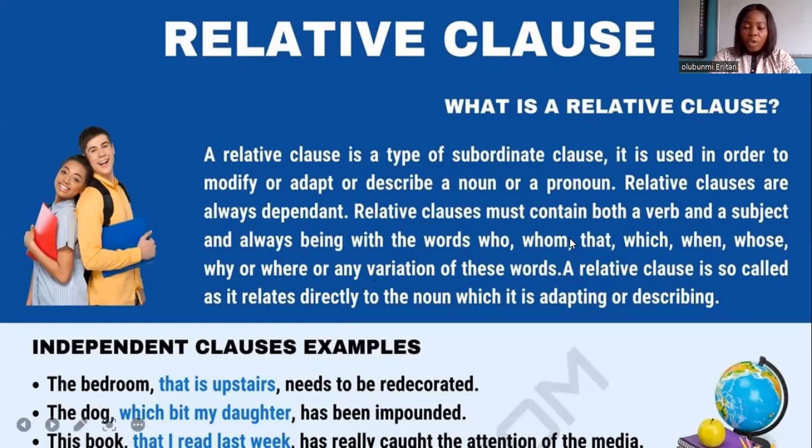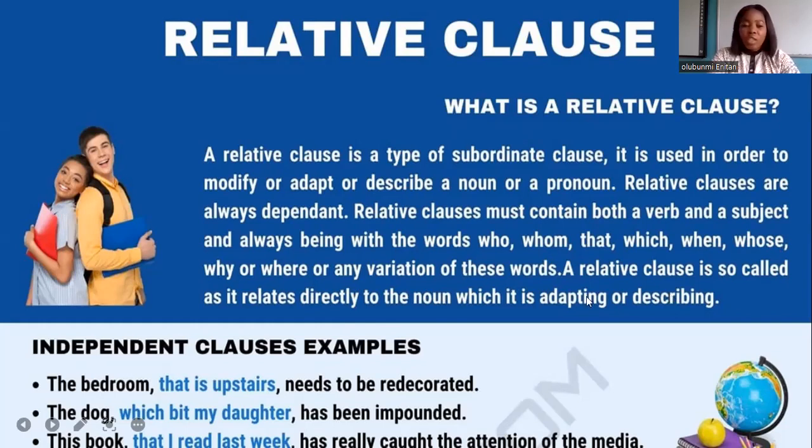Now, the relative clause starts with a relative pronoun. If your kids or you are still struggling with understanding the relative pronouns, they're simple. They're mostly the WH words: who, whom, which, when, whose, why, or where, and another one that is not a WH word, that.